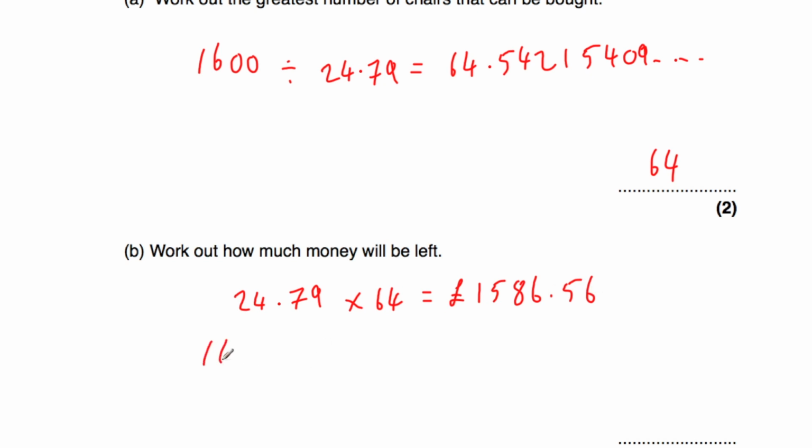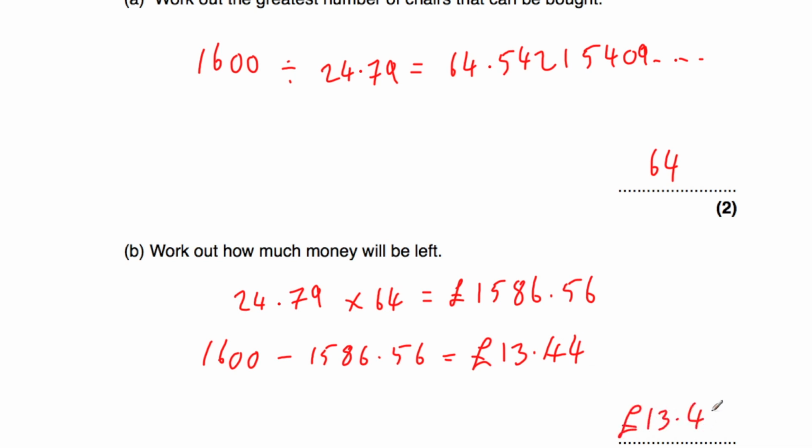Now, they had 1,600 to spend, so if we take that away from it, we can then see how much money is left. So £1,586.56, and if we take that away, that's equal to £13.44. So that means if the school bought 64 chairs, they would have £13.44 left over. So that's the answer, £13.44.